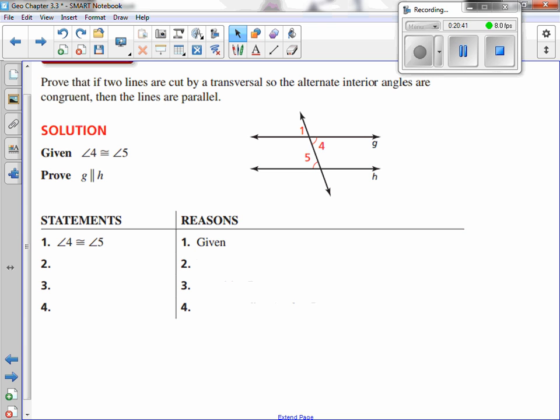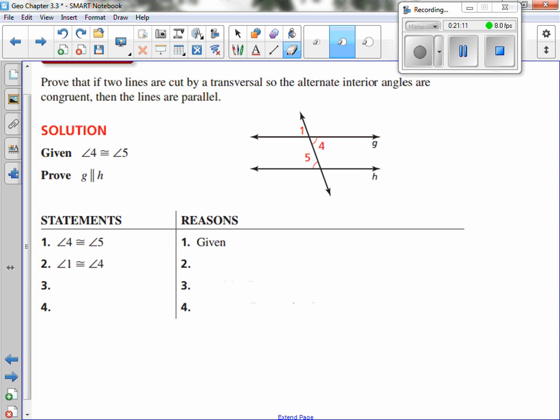We're told, well, we want to show that the lines are parallel. Prove two lines are cut by a transversal so that the alternate interior angles are congruent. So really what we're wanting to show and prove is that the alternate interior angles are congruent, because if they are, then we can say that the two lines are parallel. So 4 and 5 are congruent, yes?